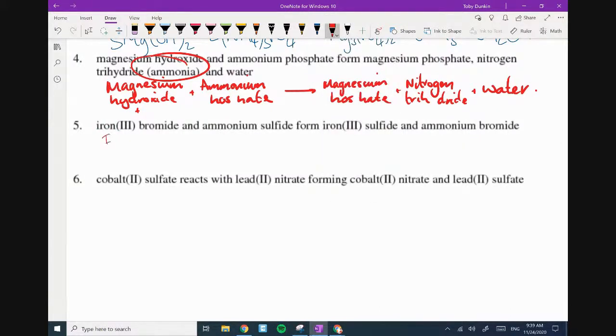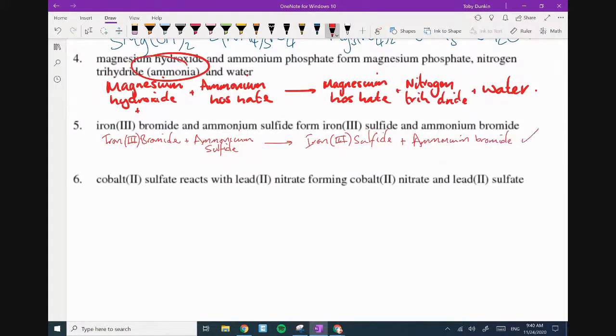Yeah, so I've got iron 3 bromide, plus ammonium sulfide, again, we're just testing your understanding, to form iron 3 sulfide, gotta be careful, plus ammonium bromide.